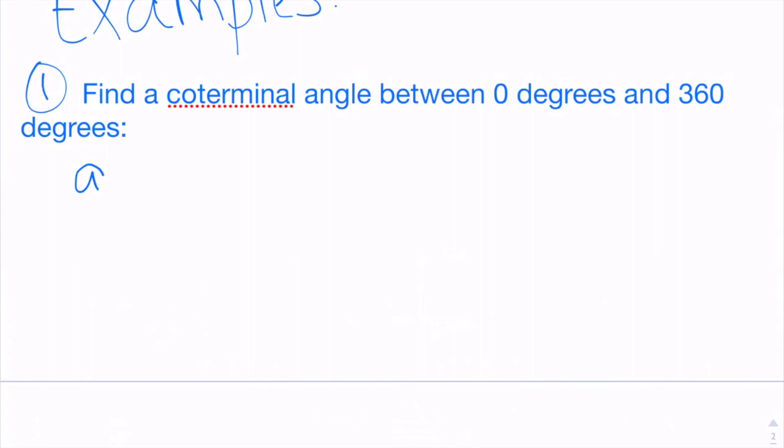Part A of this is, if we are given the angle 733 degrees, we want to try to find a coterminal angle between 0 and 360 degrees.